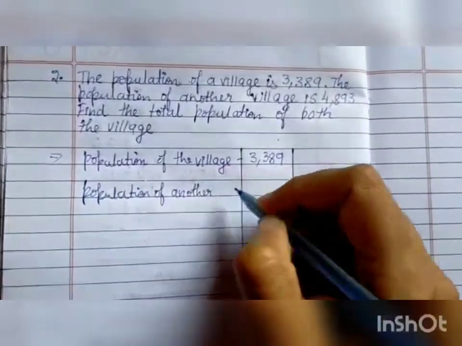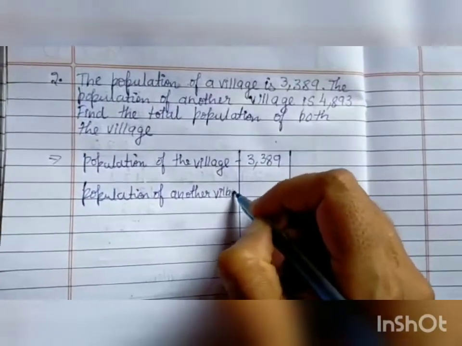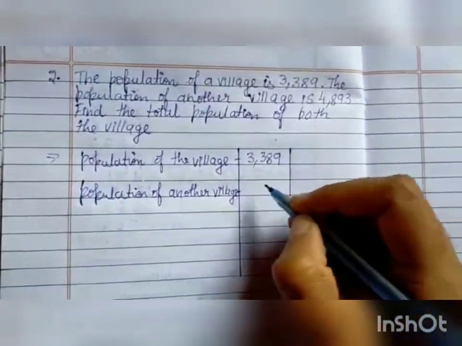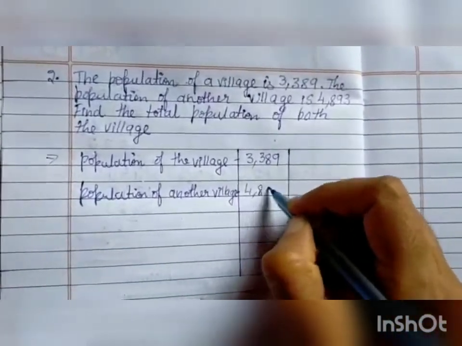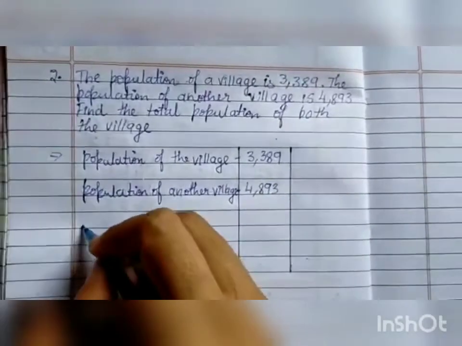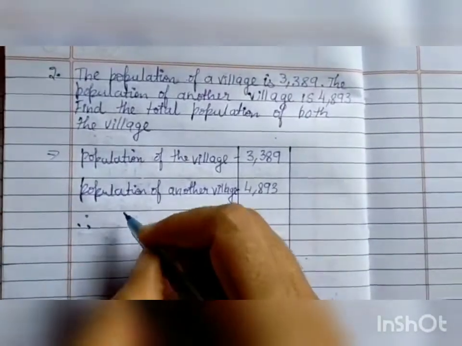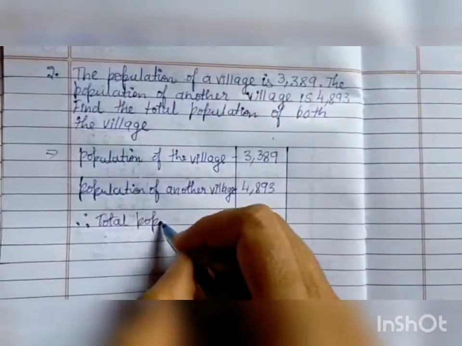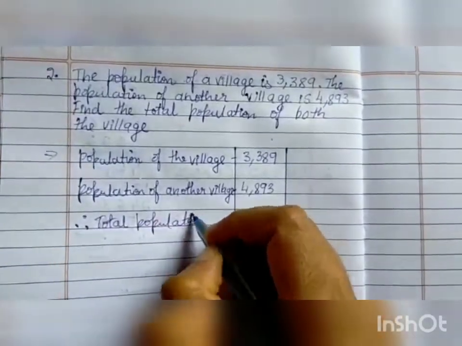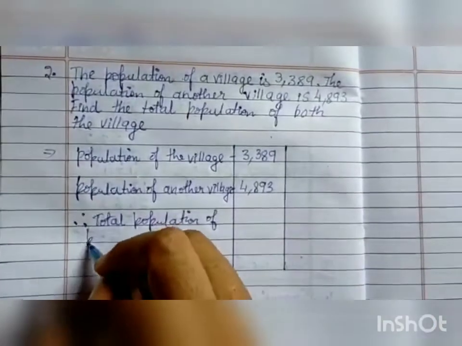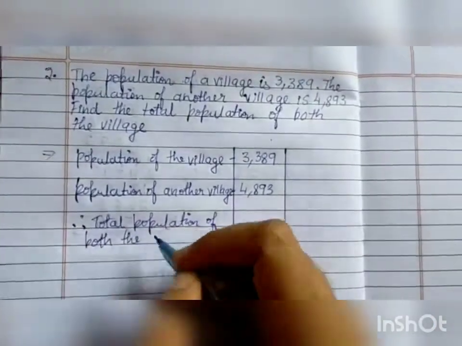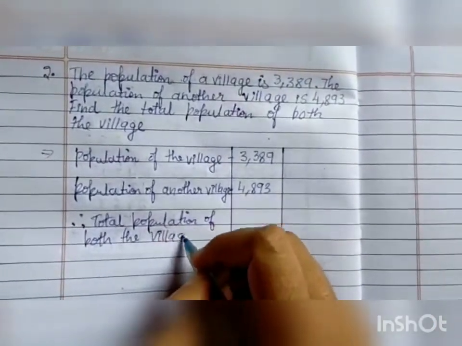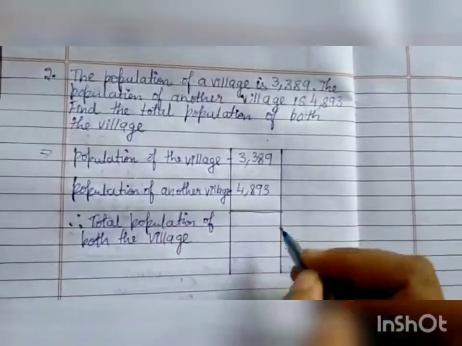They have not mentioned any name here, so we are just writing it like this. It is 4,893. Therefore, what we need now is to find out the total population of both the villages. So we need to add it to find the answer.